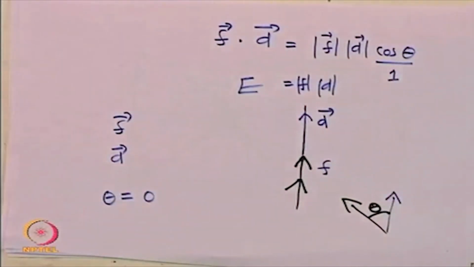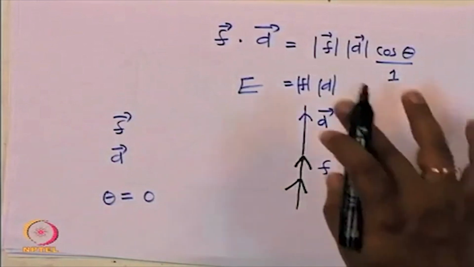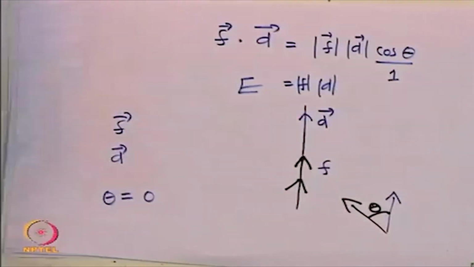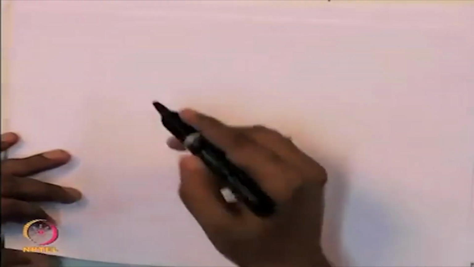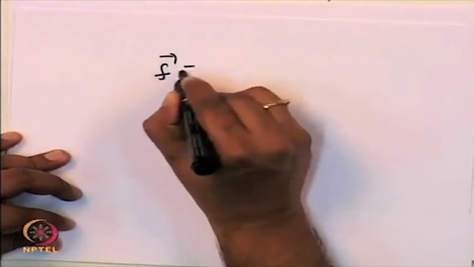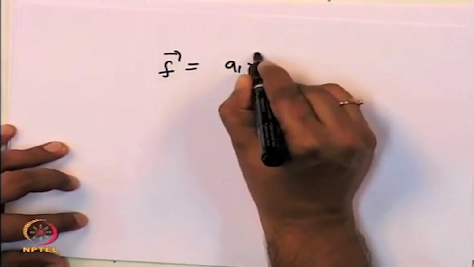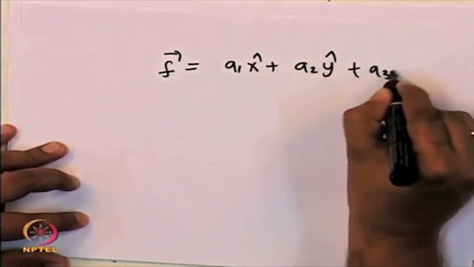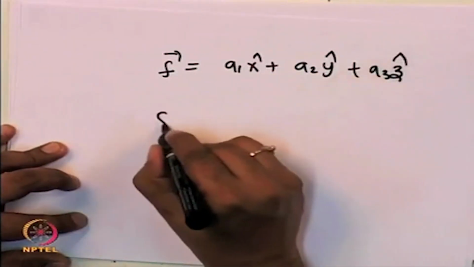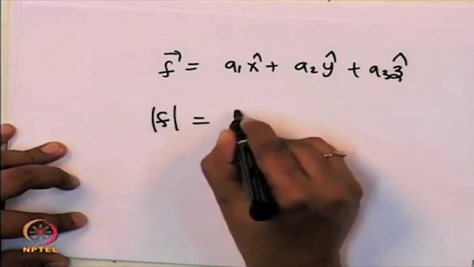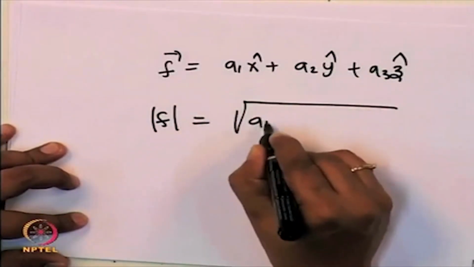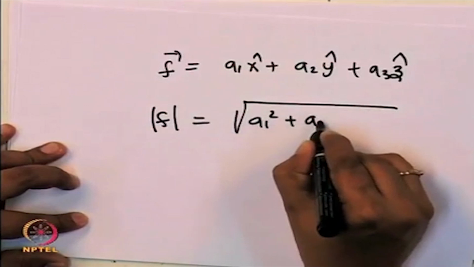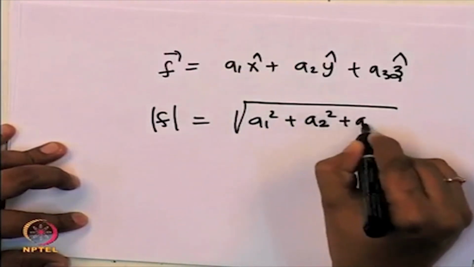In the last class, we discussed how we find the modulus of a vector. If we have any vector f which is a 1 along the x axis, a 2 along the y axis and a 3 along the z axis, the modulus of this is root of a 1 square plus a 2 square plus a 3 square.